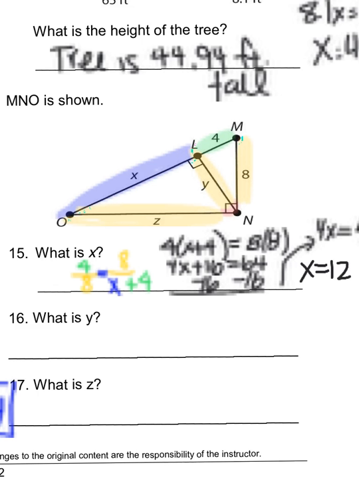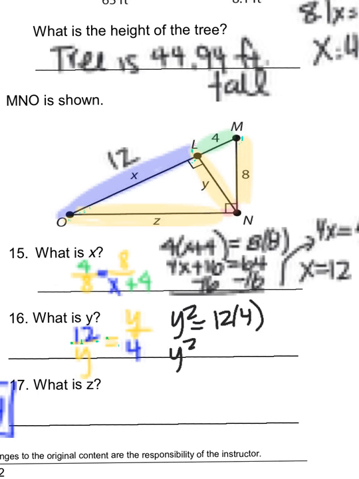Now that I know that x is equal to 12, I can put 12 in my picture. Now I need to set up for y. So this time my mean is y, and my extremes, since I'm using the middle, are just my two numbers, which is the 12 and the 4. If I cross multiply, I end up with y squared is equal to 12 times 4, which is y squared is equal to 48.